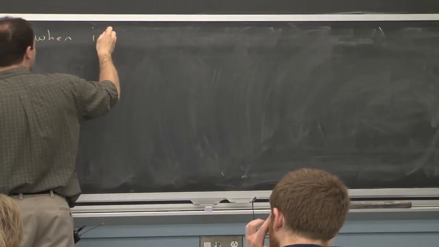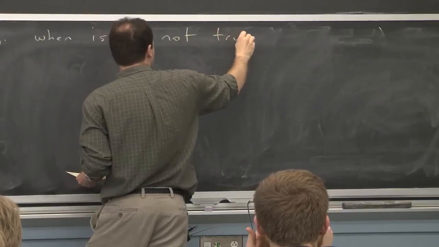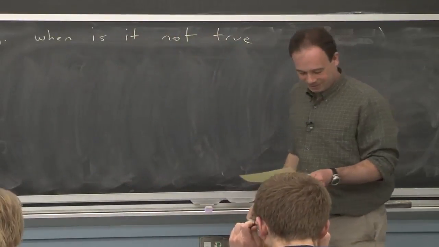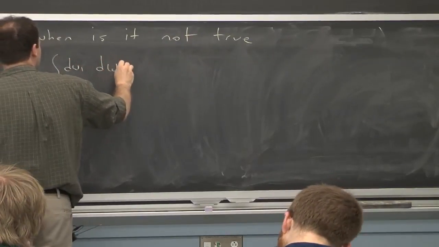Let's also do an example. When is it not true? It's always good to have a counterexample. And it would not be true if we had an operator like this.